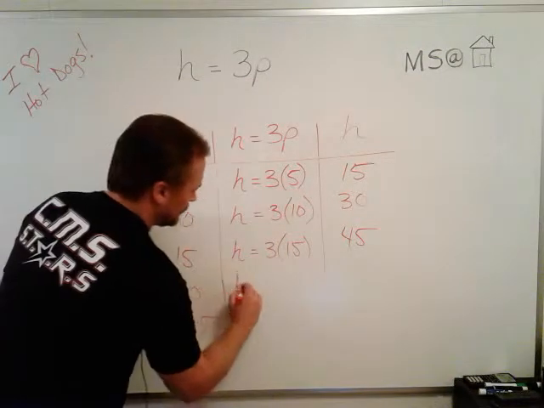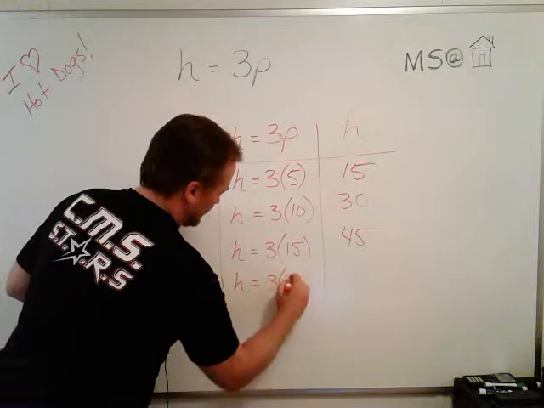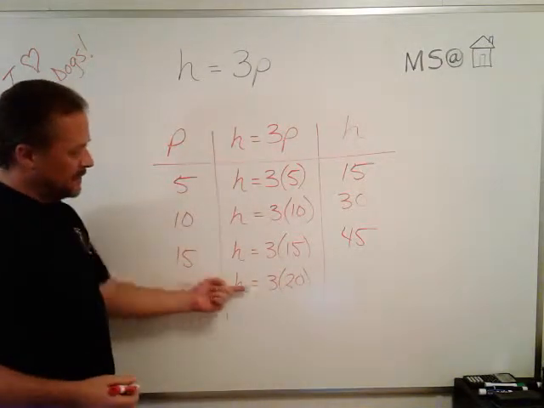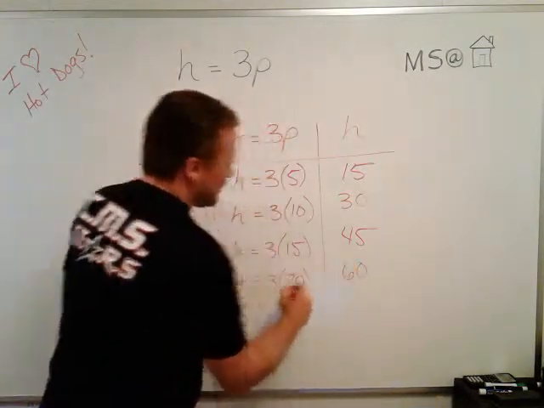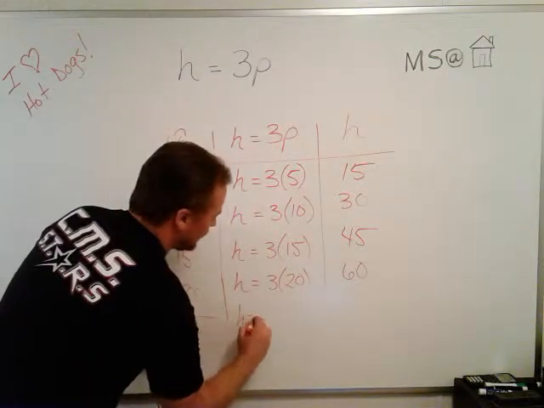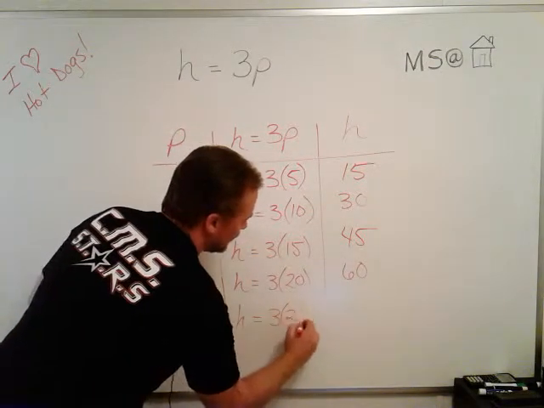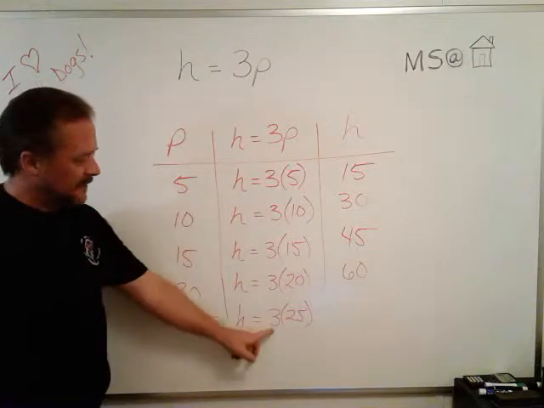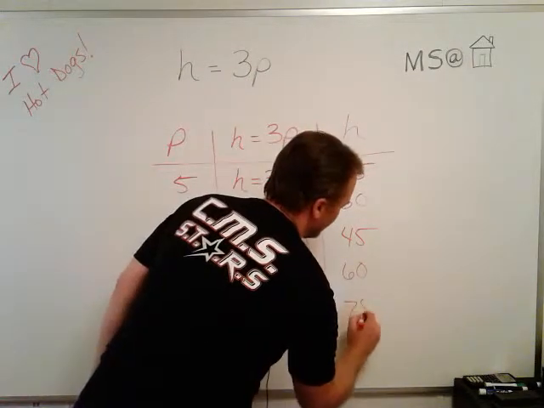Next one. 3 times 20 is 60. And then the last one, I'll write it again and plug in 25. 3 times 25 is 75.